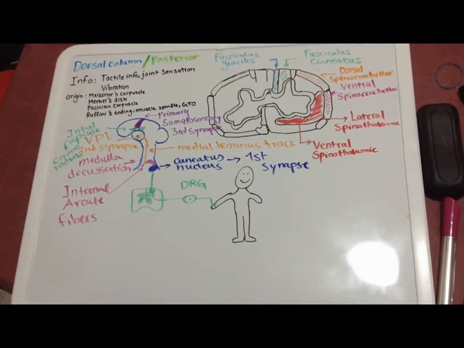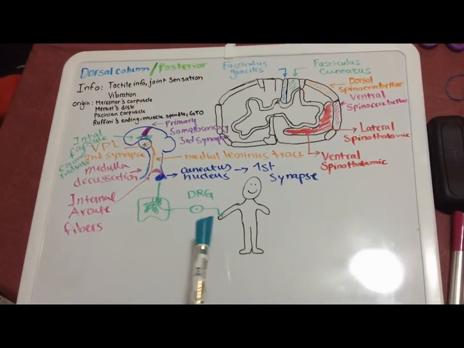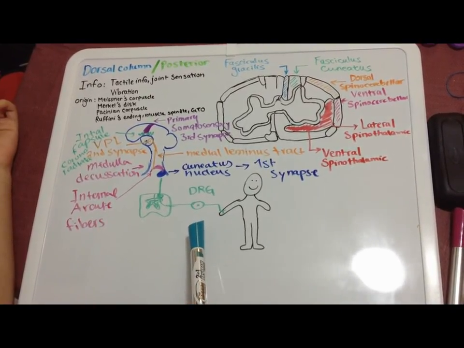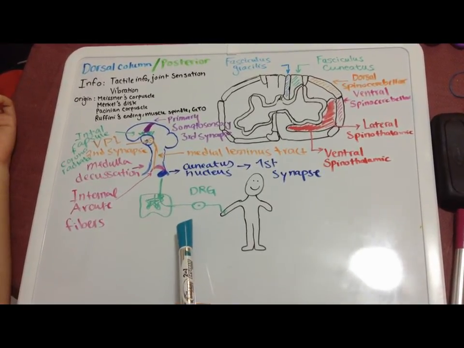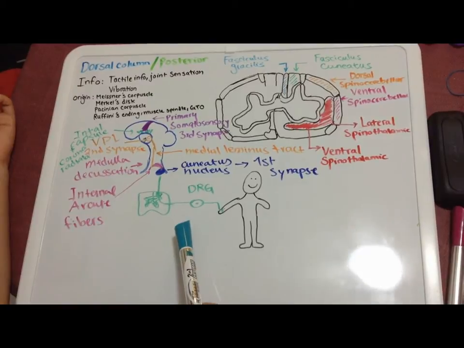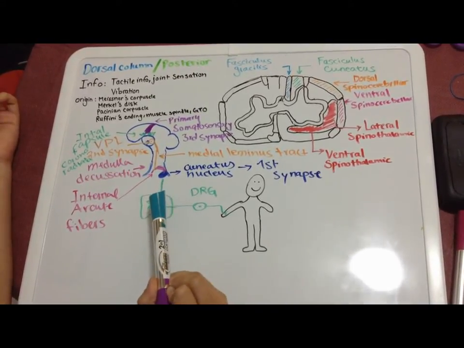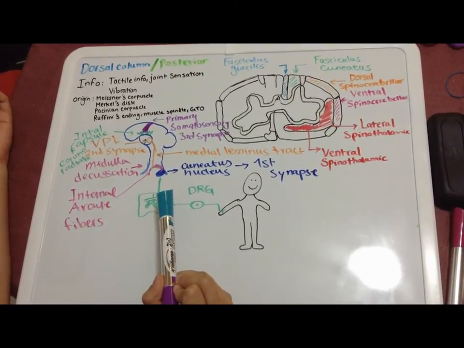So again, for fasciculus cuneatus, your receptors are going to be activated. It could be any of these receptors. It's going to take the information to its cell bodies located in the dorsal root ganglion. It's going to take the information via fasciculus cuneatus. Still, it's ipsilateral. It's on the same side. It's going to synapse at the cuneatus nucleus, which is located in the caudal medulla.